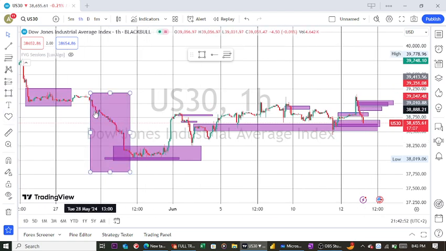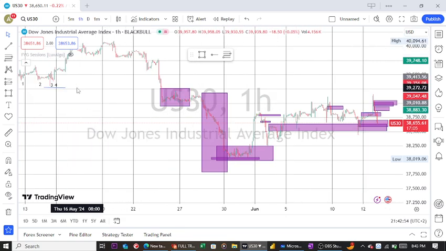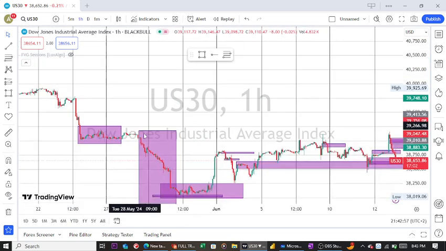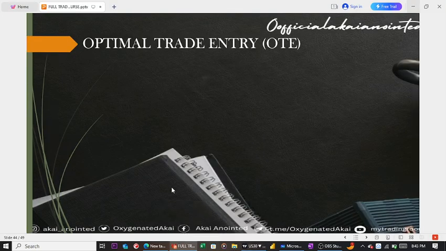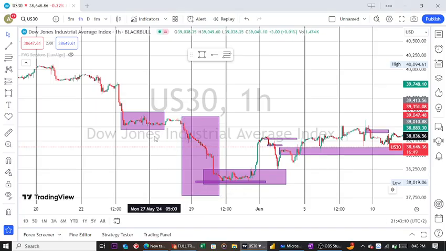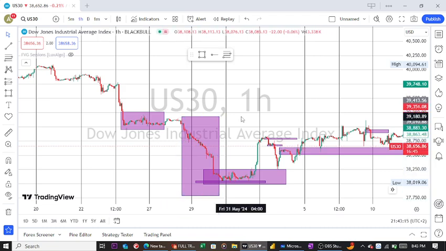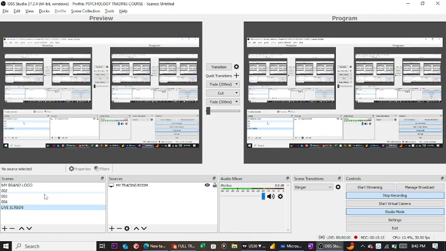But in OTE, this is what I want to talk about. I want to tell you how you can use your Fibonacci levels. And if you didn't go through that particular course, I think you should go back and do it, because when I was talking about Fibonacci, I talked about key levels to look out for price reversals.